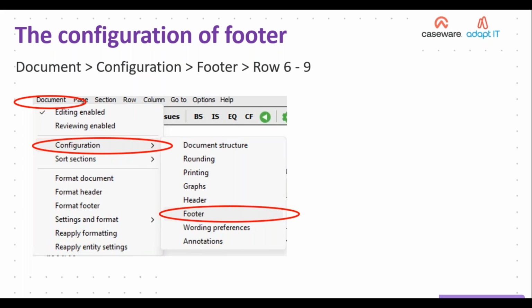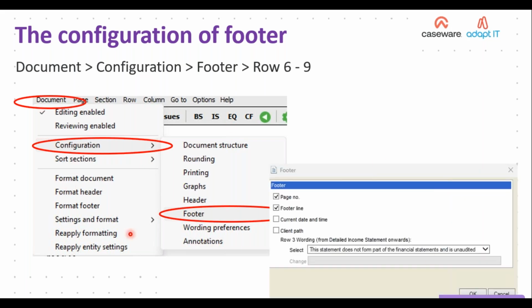For instance, you might want to change the way your footer line prints if you don't want it to print. If you don't want to see the date and time, you can deselect. The client path, for whatever reason you want to see the client path.